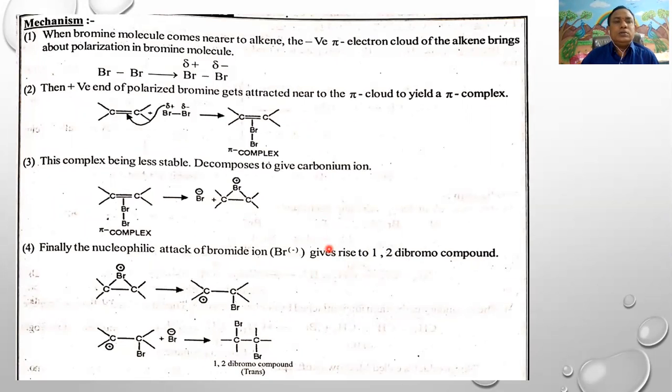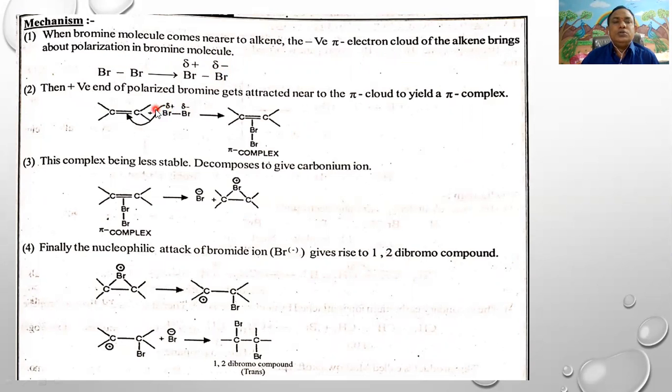Here in the mechanism, when a bromine molecule comes nearer to the alkene, the negative pi electron cloud of the alkene brings about polarization in the bromine molecule. One bromine atom gets partial positive charge and the other bromine atom gets partial negative charge.